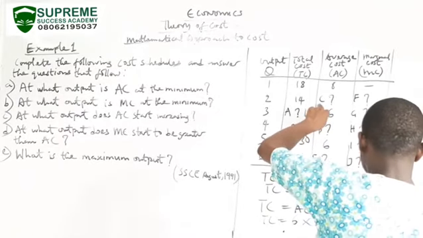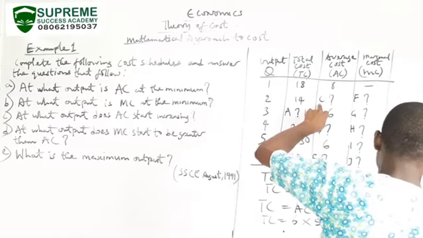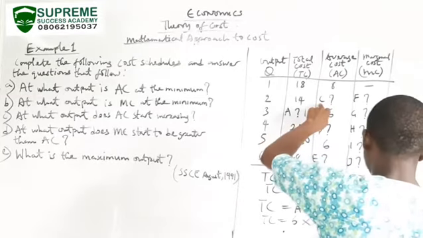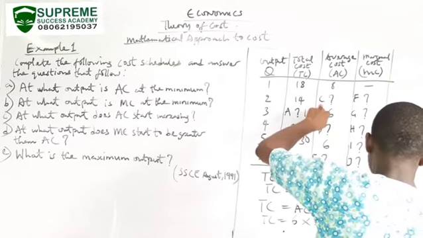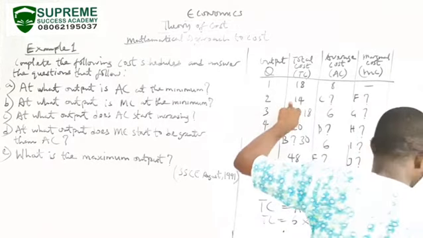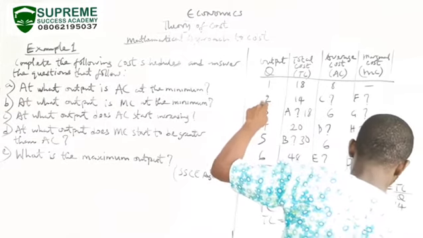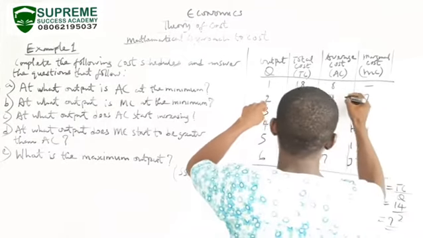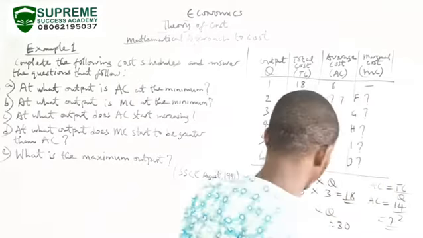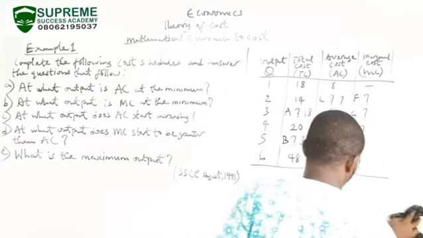So the next one, which is average cost, AC will be equal to total cost TC divided by output. So for this particular C, AC will be equal to, what is the total cost? We have the total cost to be 14 divided by the output, which is 2, equals 7.